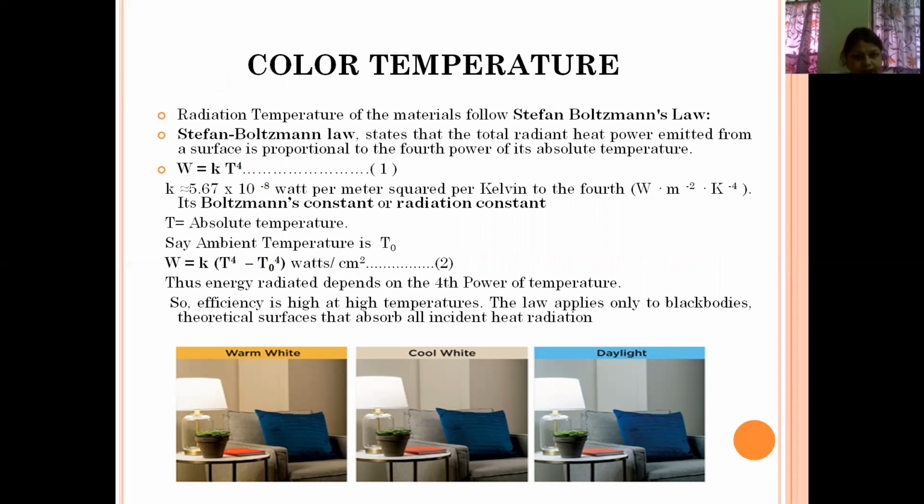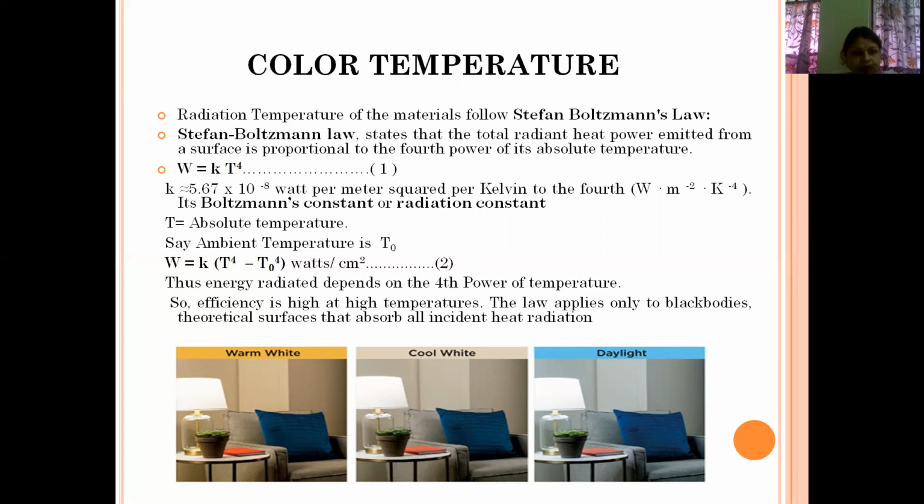According to the Stefan-Boltzmann law, the total radiant heat power emitted from a surface is proportional to the fourth power of its absolute temperature, where the equation is W equal to K into T to the power 4, where K is 5.67 into 10 to the power minus 8 watt per meter squared per Kelvin to the 4th. It is called the Boltzmann constant or radiation constant, and T is the absolute temperature.